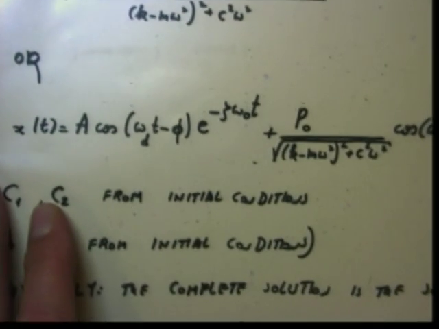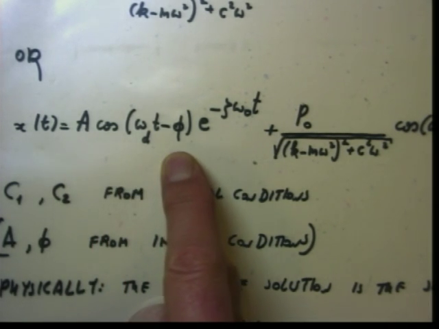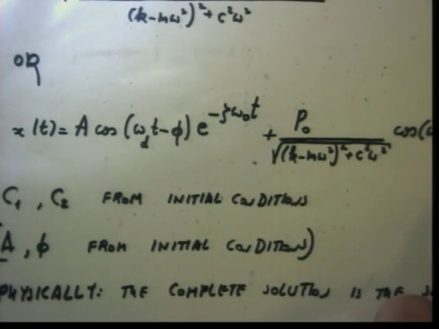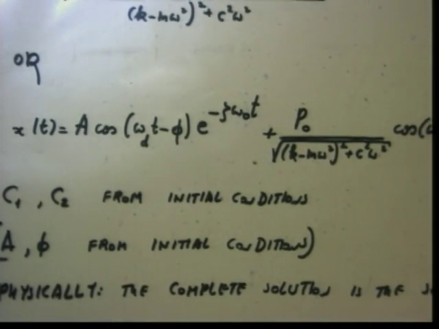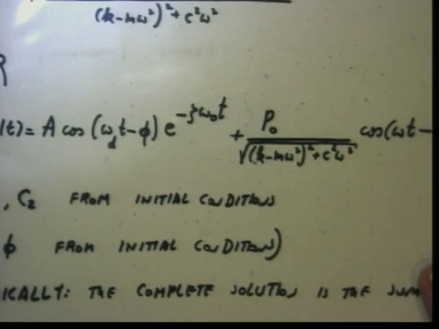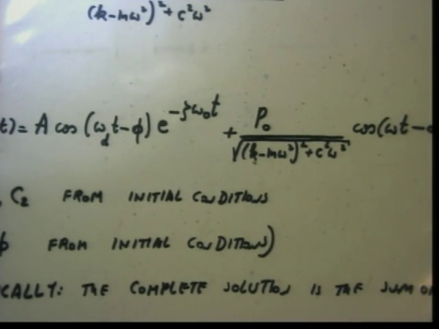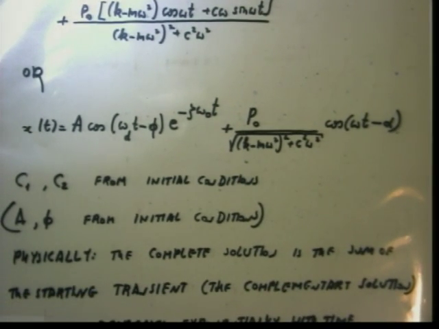Or this can be written as we wrote before, A cosine omega d t minus phi, times e to the power minus zeta omega 0 t, and here is alpha. C1 and C2, or A and phi, come from initial conditions.